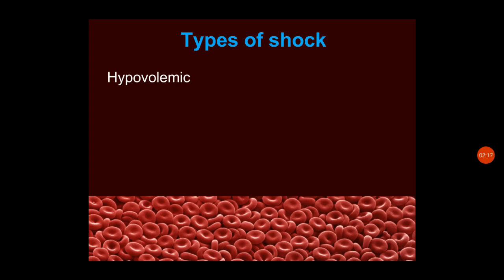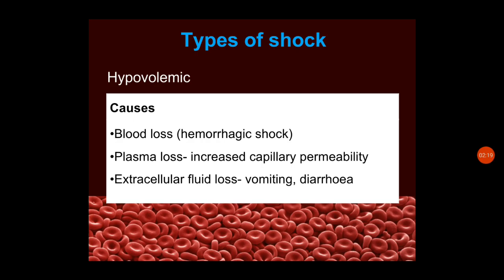The first one is hypovolemic shock. The causes of hypovolemic shock may be blood loss. In the last session we saw hemorrhage. Profuse bleeding is known as hemorrhage, and if it leads to profuse blood loss, it can lead to hemorrhagic shock, which comes under hypovolemic shock.